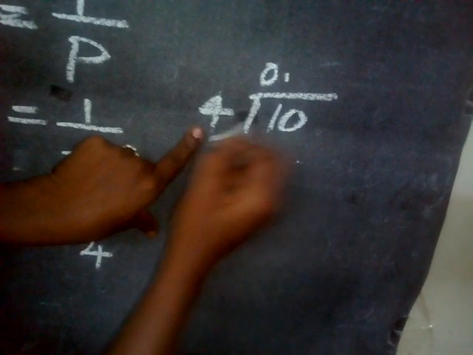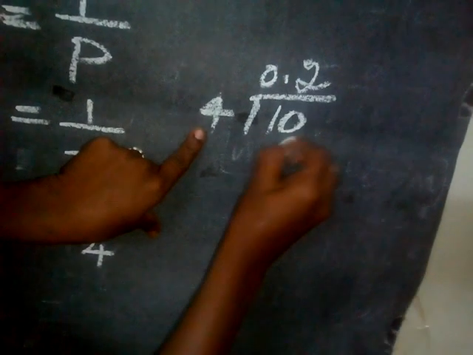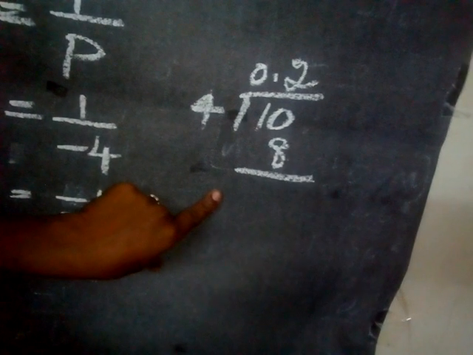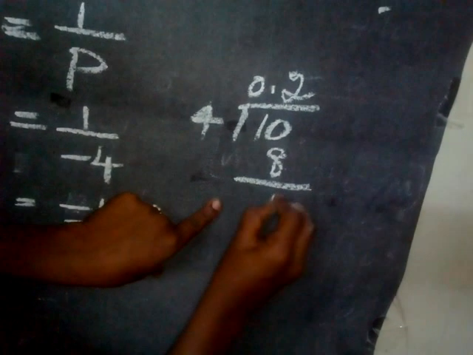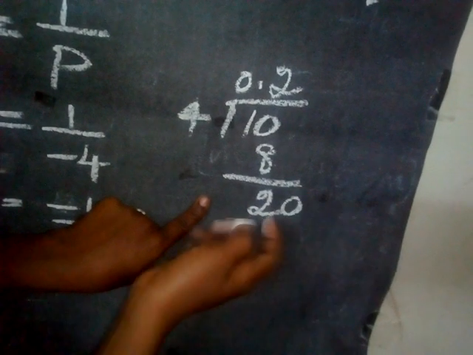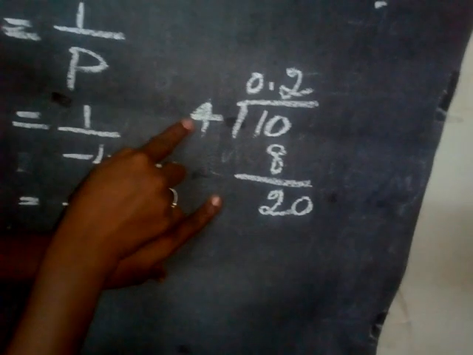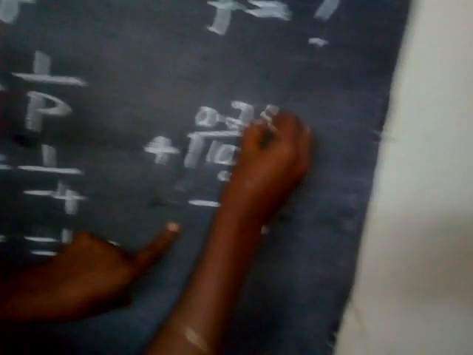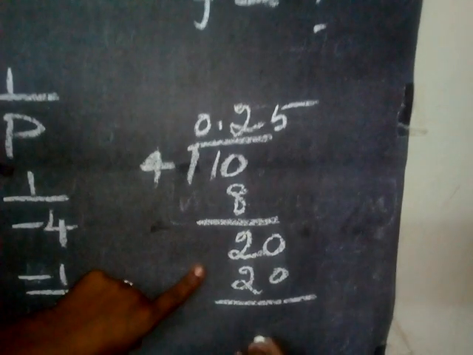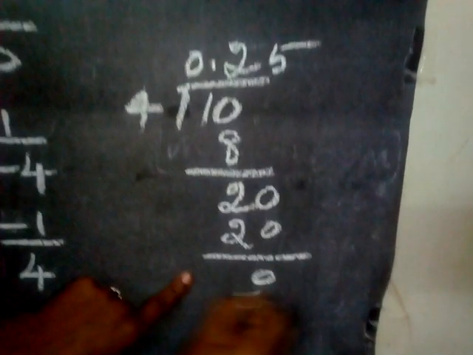So divide the value. 2 4s are 8. Subtract, 10 minus 8, the answer is 2. Add another 0. Multiply 4 into 5, 20, so 5 4s are 20. Subtract the value, 20 minus 20 is equal to 0.